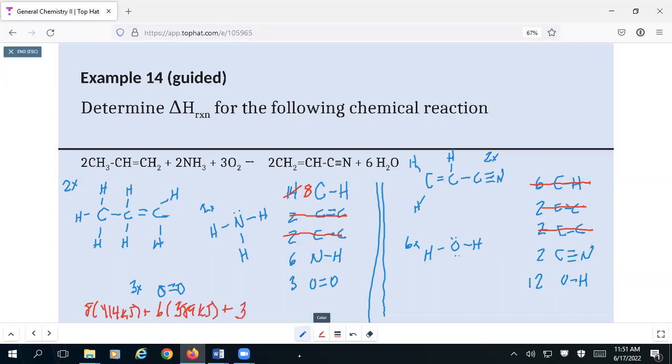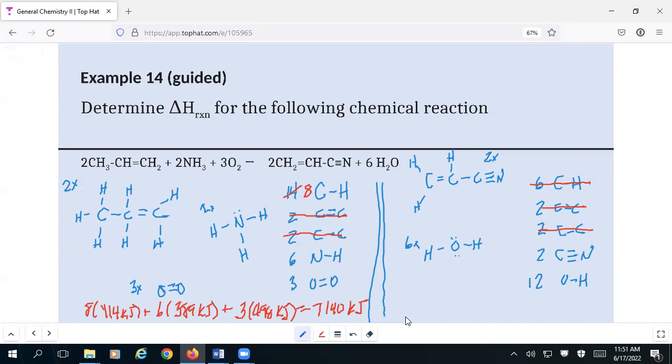And my 3 oxygen to oxygen double bonds, 498 each. Add that all up together: 8 times 414 plus 6 times 389 plus 3 times 498 is 7,140 kilojoules.